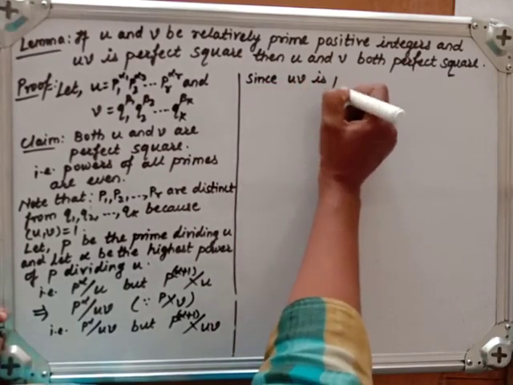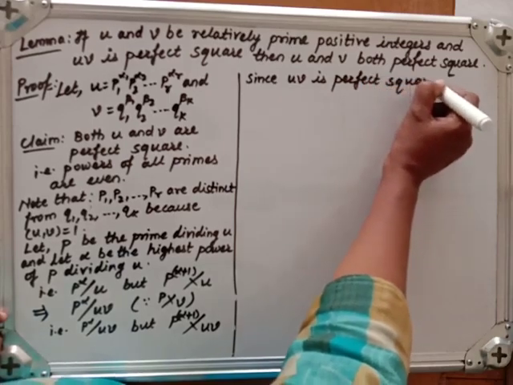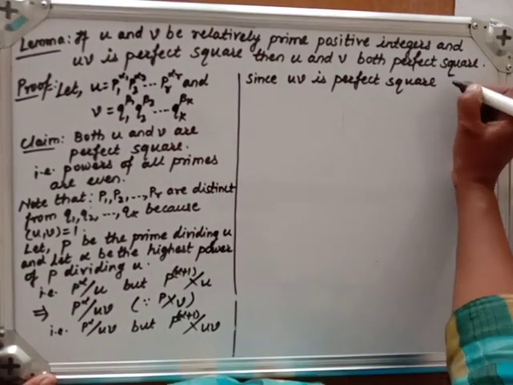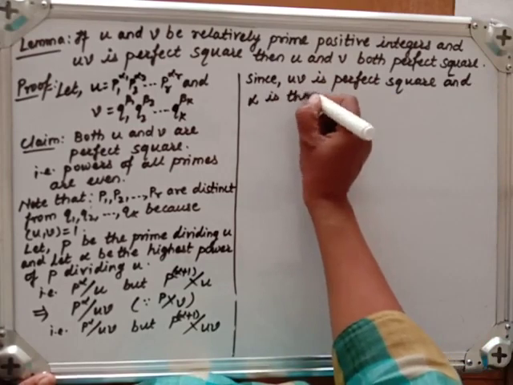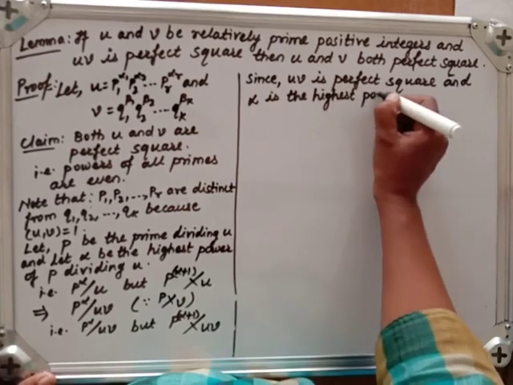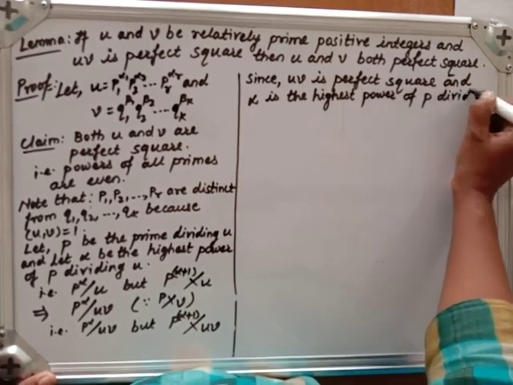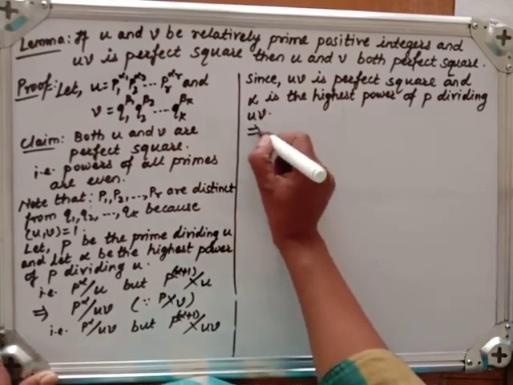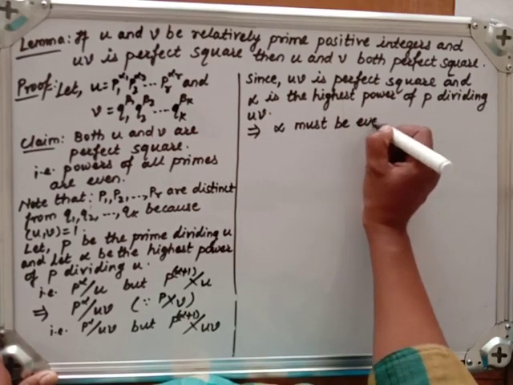So since UV is a perfect square, which is given to us, and alpha is the highest power of P dividing UV, this gives alpha must be even.